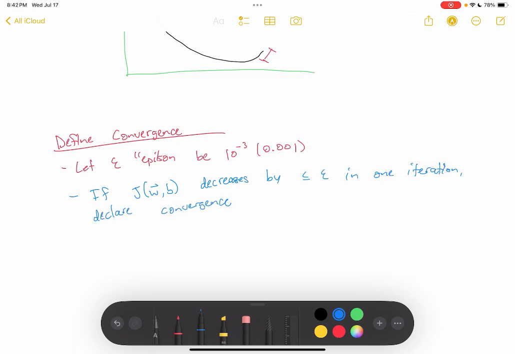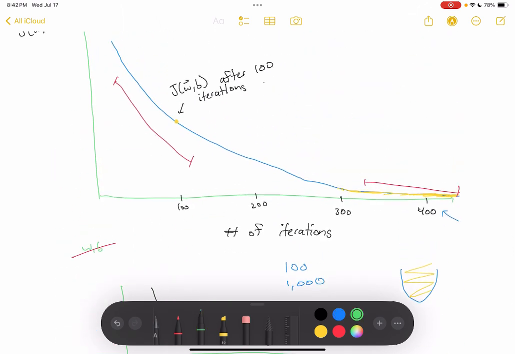This is safe to assume because when our cost function is decreasing by such a small value, this means that there are no more significant changes in the cost function, and we've likely reached the asymptote of our learning curve.